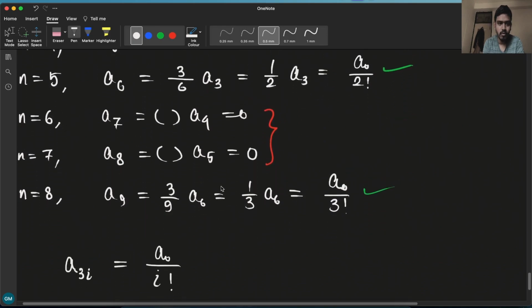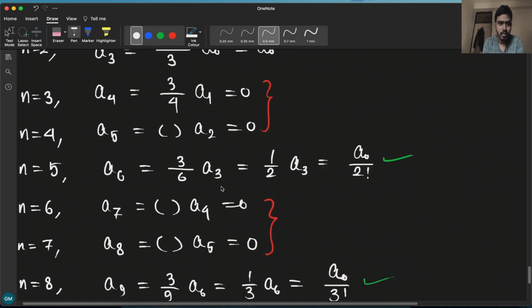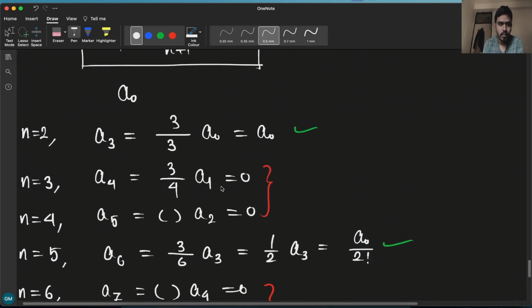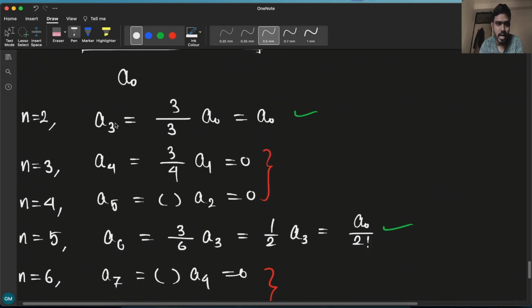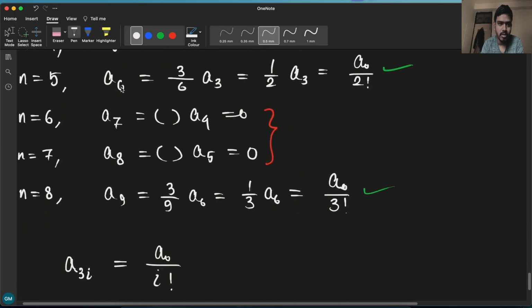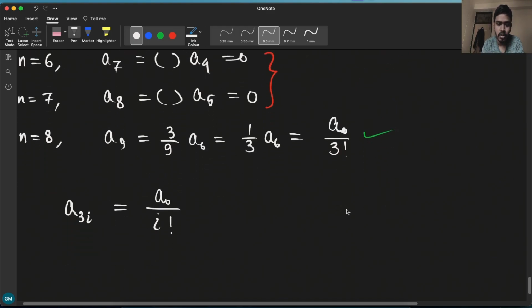You can follow this pattern, right? Here 3i equals 3, so i equals 1. Here for a6, i equals 2, so it's 2 factorial. For a9, it is a0 by 3 factorial, and here i equals 3, that means it's 3 factorial.